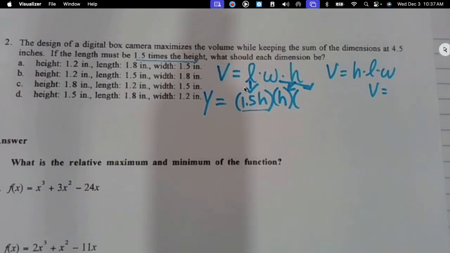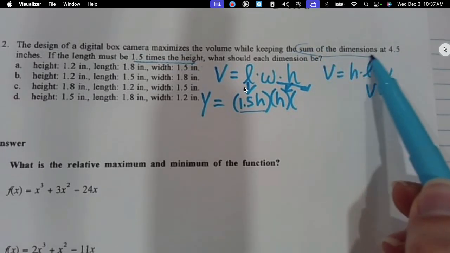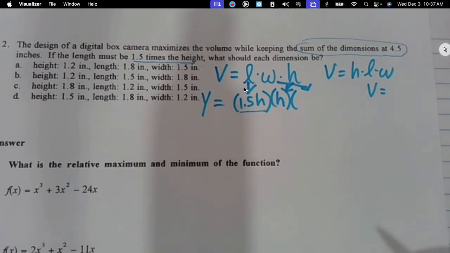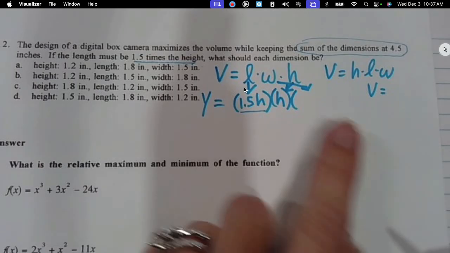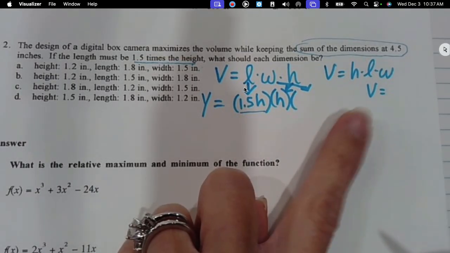So now, the last thing, I'm going to have to use this right here. The sum of all of them, this is the hard one, is 4.5. Right? So I can take, does everybody understand that? I can take 4.5 and subtract these two. And that's going to be my third thing.